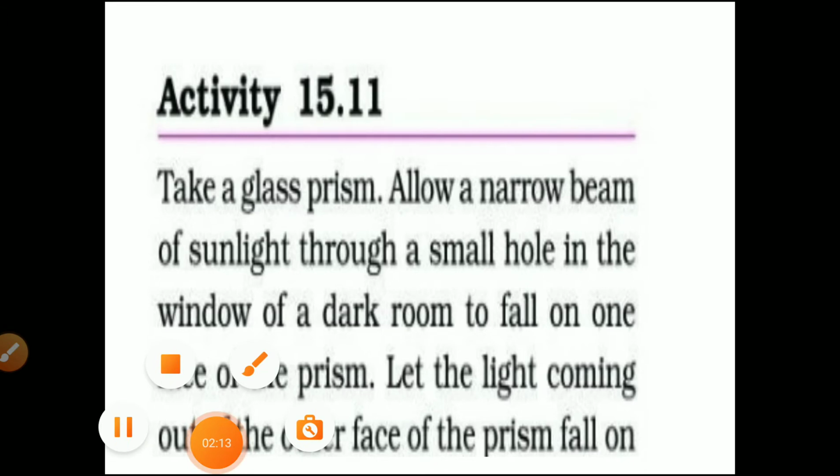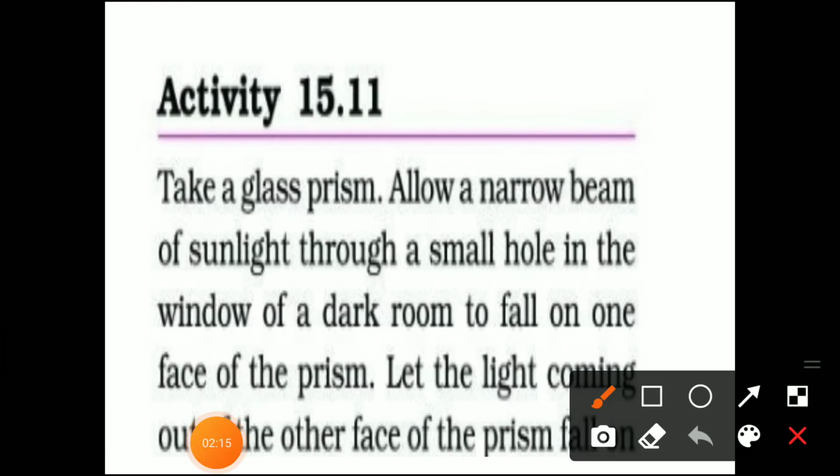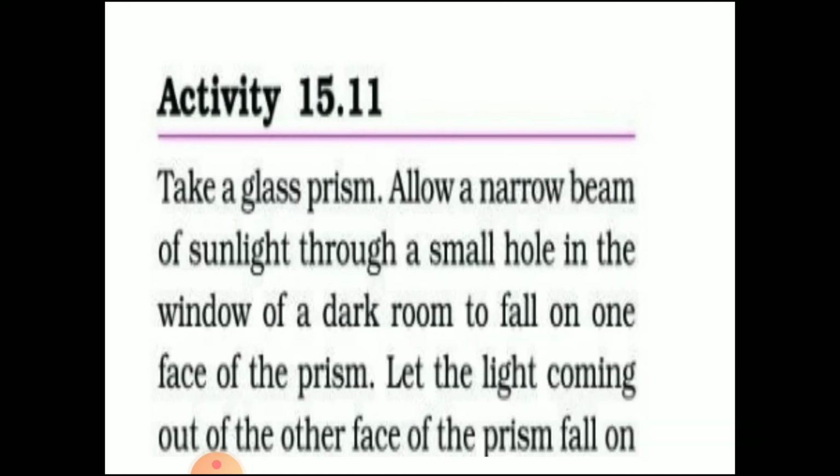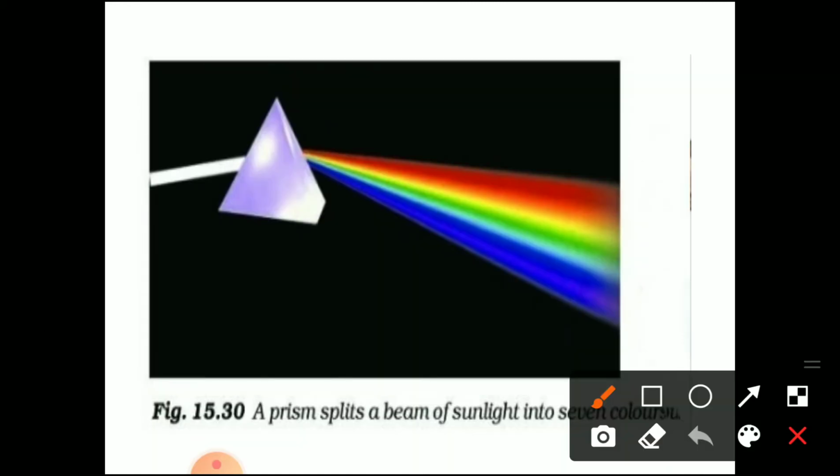For this, take a glass prism and allow a narrow beam of sunlight through a small hole in the window of a dark room to fall on one face of the prism. Here you can see we have taken a glass prism and we are allowing a narrow beam of sunlight through a small hole in the window of a dark room to fall on one face of the prism.